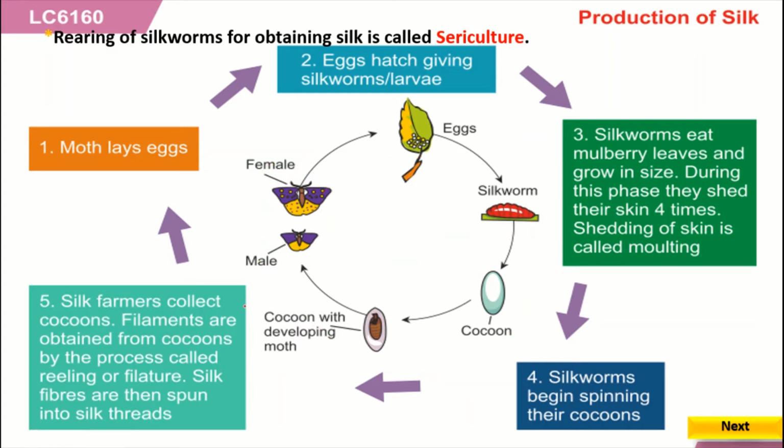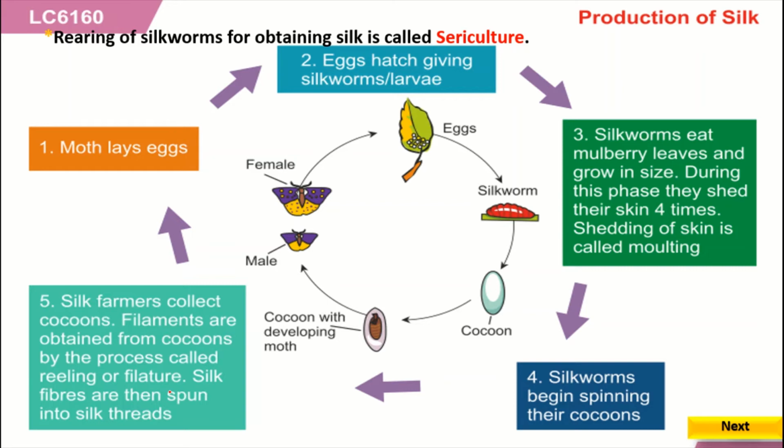With the help of these cocoons, silk farmers collect the cocoons. Filaments are obtained from cocoons by a process called reeling.